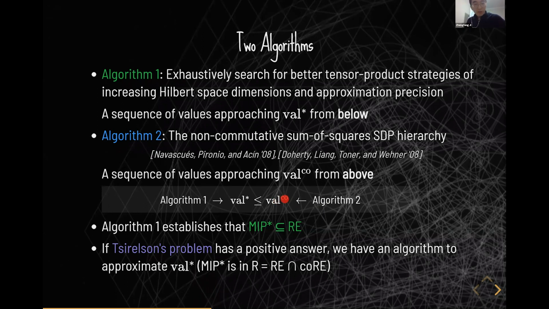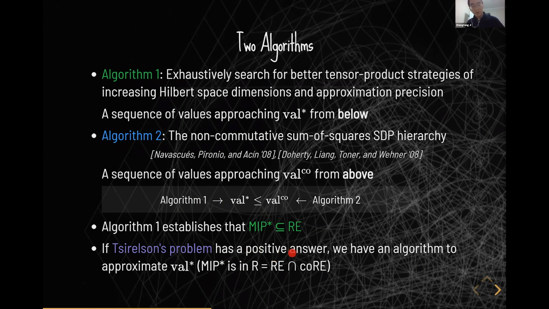Now if Tsirelson's problem has a positive answer, meaning that these two values are always the same, then we do have an algorithm for approximating this entangled value, because you would be able to alternate between algorithm 1 and algorithm 2, and they will converge to the same number from below and from above. That is sufficient to have an algorithm, even though we don't have any bound on the complexity of this algorithm.